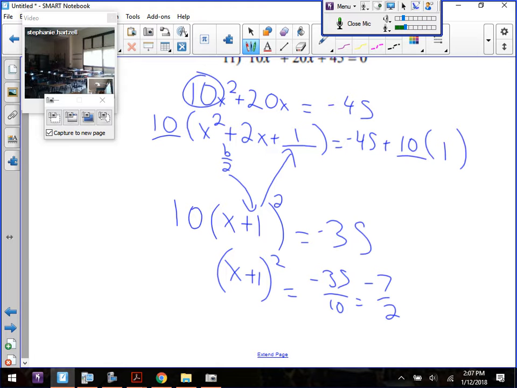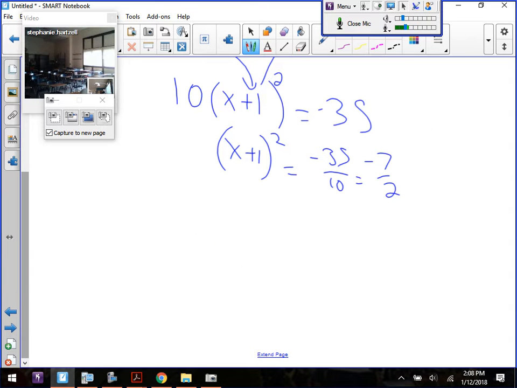And then when you go to solve that, you're going to have an imaginary root. When you take the square root of that, we get x plus 1 equals plus or minus the square root of negative 7 over the square root of 2. We're going to write it as two separate pieces. Obviously, the square root of negative 7 is going to wind up as i root 7.